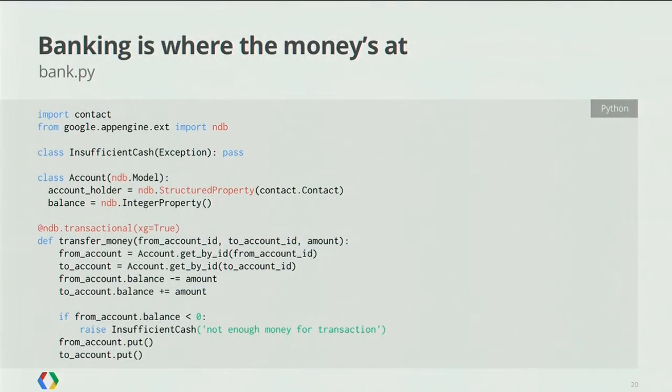Now let's look back at the decorator, NDB transactional xg equals true. What this means, and this is a fairly new feature in App Engine, is I'm defining a transaction. So when you're calling this function, this is done in a transaction. Either both accounts will be updated with the semantics I defined here, or neither will be, and this is guaranteed.